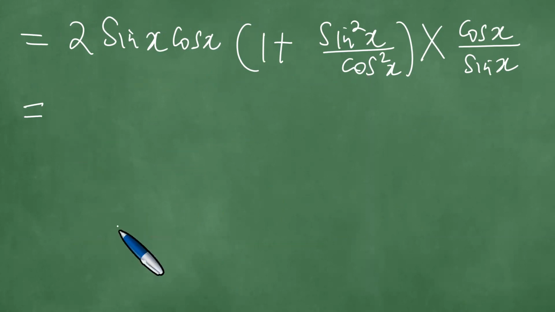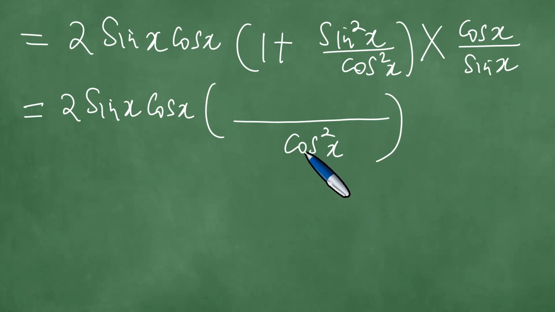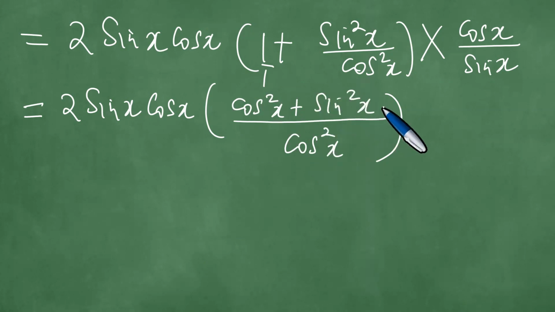Right. What do we do here, anyone? So this becomes 2 sine x cosine x. We take the lowest common denominator, which is cosine squared x. You can write this 1 as cosine squared x over cosine squared x, plus sine squared x over cosine squared x, multiplied by cosine x over sine x.